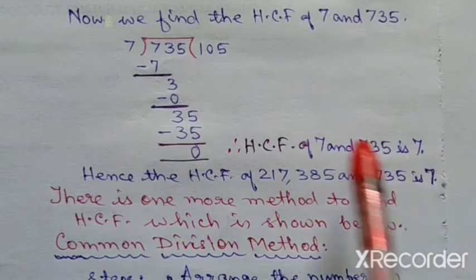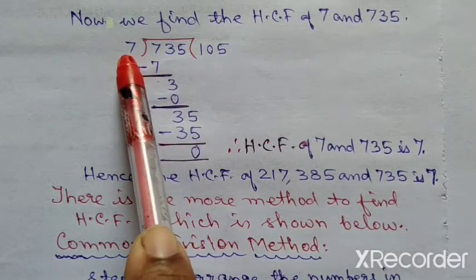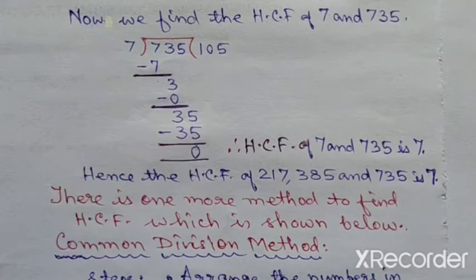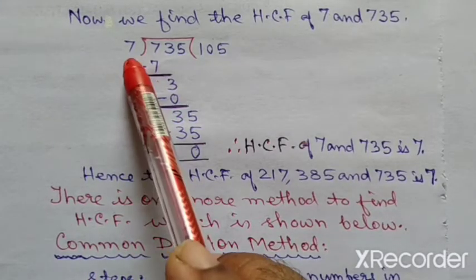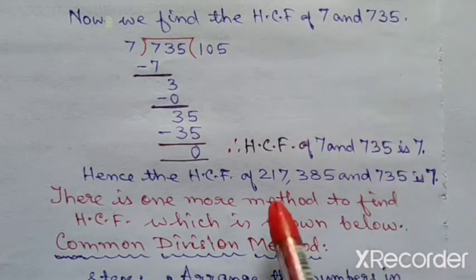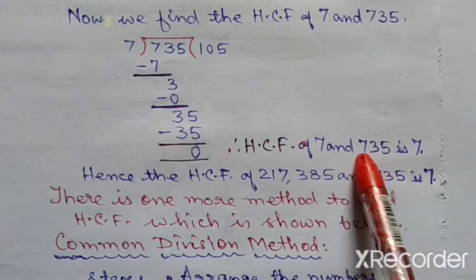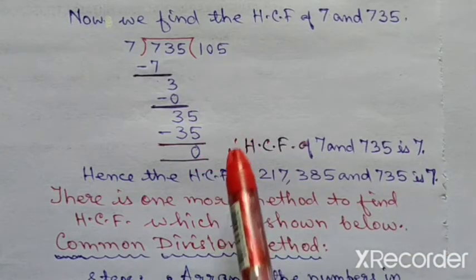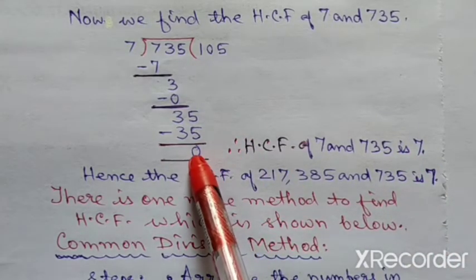Now look here, this is the last divisor, because we get remainder 0. So children, we will stop at this place. So the HCF of 7 and 735 is 7. Again I am repeating, you have to stop where you get remainder 0, children.